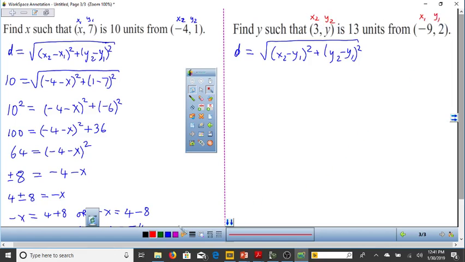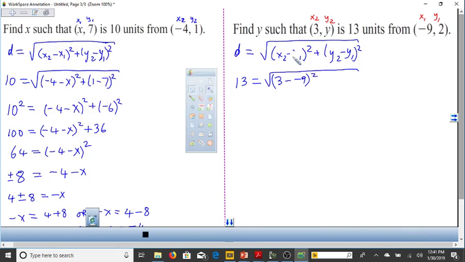Same result, I'm just deciding to do it the other way around. The distance is 13, x2 is 3, and x1 is negative 9. We're squaring. I just miswrote that there. That's x2 minus x1, plus y2 is y, and y1 is 2.